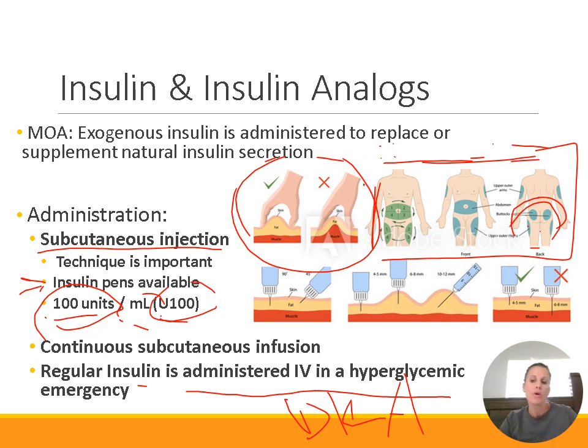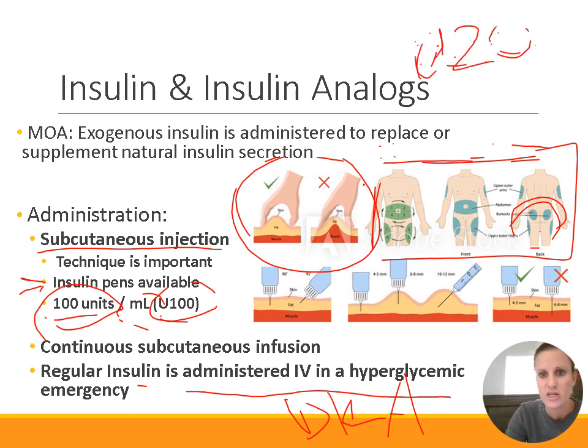There are more concentrated forms of insulin available. In patients who have to inject very large doses of insulin, it might be beneficial to prescribe them a more concentrated form. That way they're not injecting such a large volume of fluid. For example, there's U200.